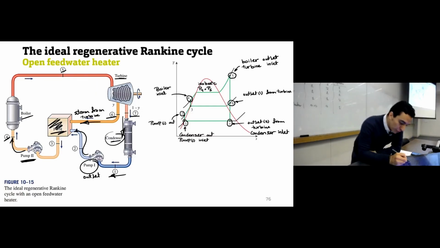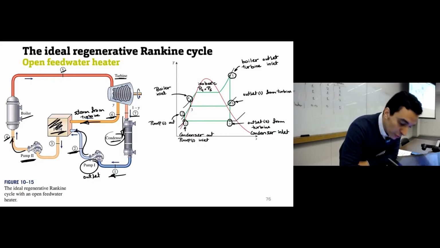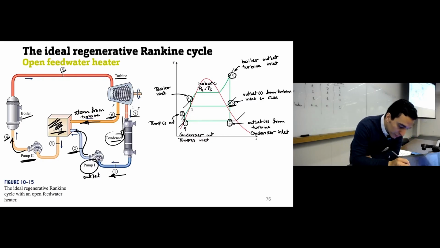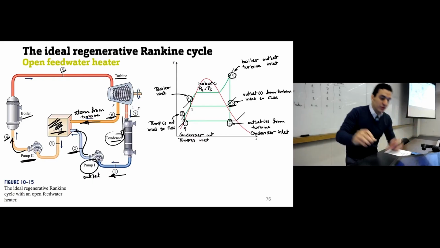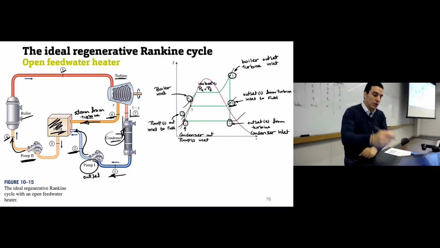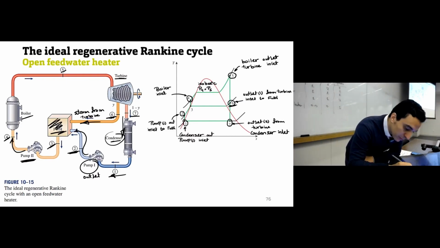Then point 2 will go to the feed water heater in order to mix it with point number 6. So point number 6 is an inlet to the feed water heater. Point number 2 is also considered an inlet to the feed water heater. So these two streams will be mixed together and the result will be point number 3.